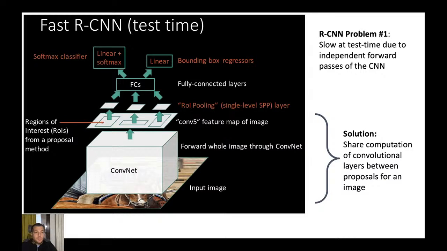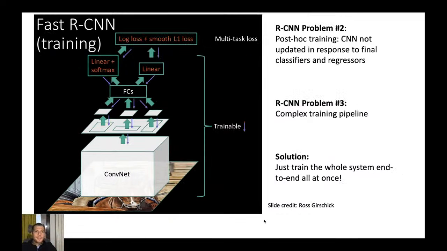Okay, so they try to solve the first RCNN problem, that it is slow at test time, by applying the CNN only once on the entire input image. The second problem is the fact that the training is not end-to-end. Since they integrated this model, they can now backpropagate the error through the entire model.